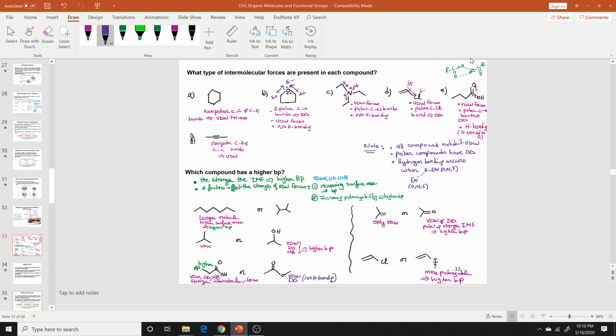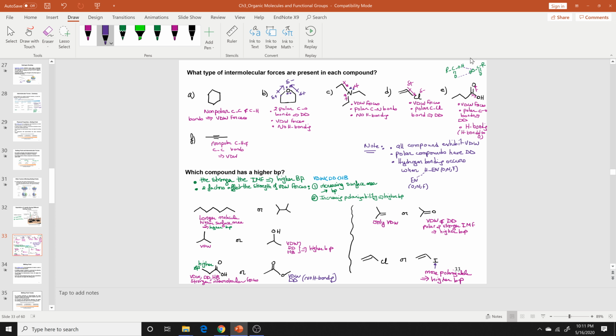So I have here two types of hydrogen bonding. Normally all compounds have van der Waals forces. Polar compounds have dipole-dipole interactions. Hydrogen bonding occurs when a hydrogen is connected to an electronegative element, and it basically interacts with an electronegative element.